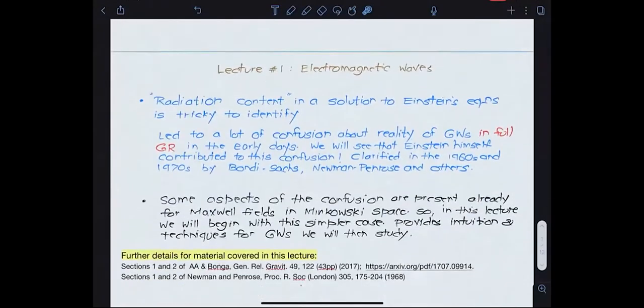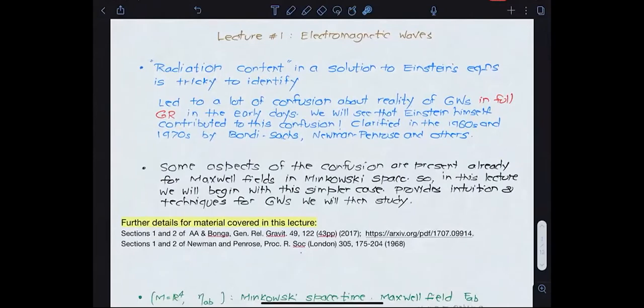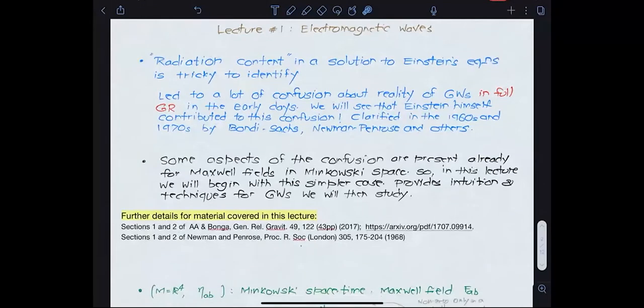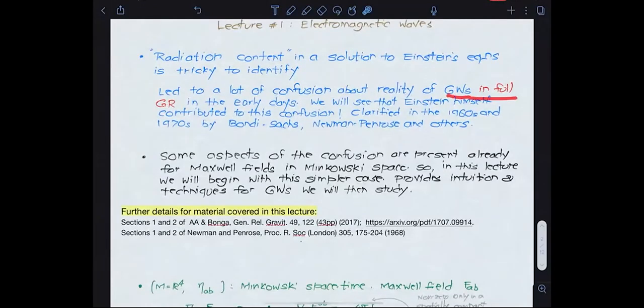Okay, so what I would like to begin with is the following. Really, the question is, what do we mean by the radiation content of a solution to Einstein's equations? Now, this is very difficult to identify. And that led to a lot of confusion about the reality of gravitational waves in full nonlinear general relativity in the early days.